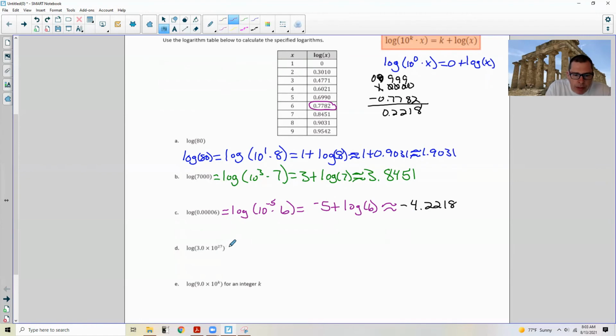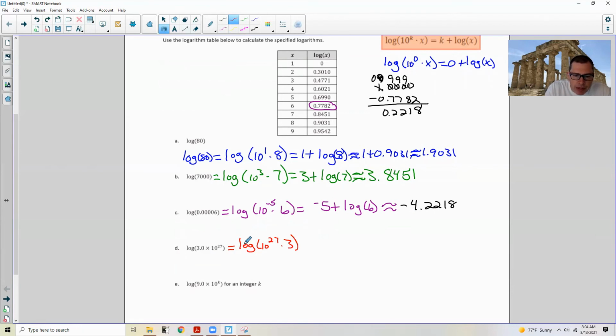All right, part D. The log of 3 times 10 to the 27th is going to equal. So this is already done for us. I could rearrange this and say the log of 10 to the 27 times 3. I'm just rearranging these, putting them in the opposite order.